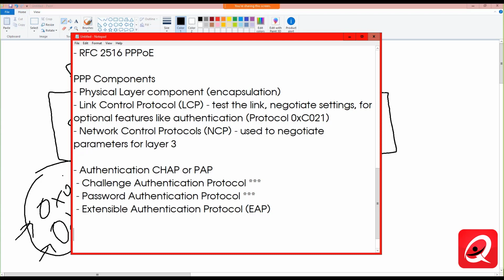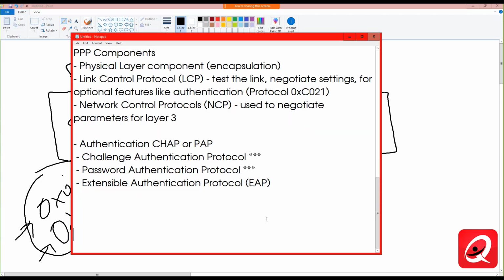Now, once LCP has gone through and negotiated all of the different parameters for the communication, then we have to go in and establish our layer 3 configuration. And that's where we're going to see things like, and we'll see this in the debugs, IPCP. Where'd my mouse go? There it is.